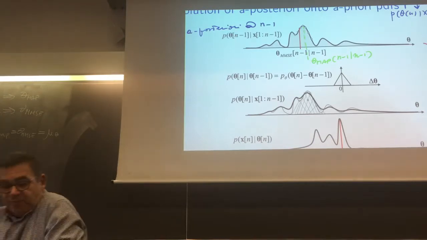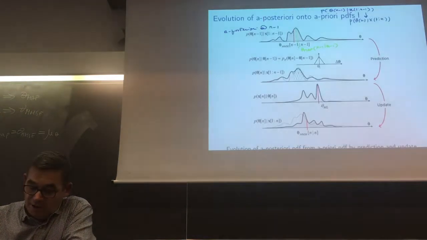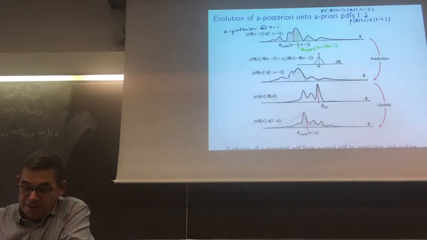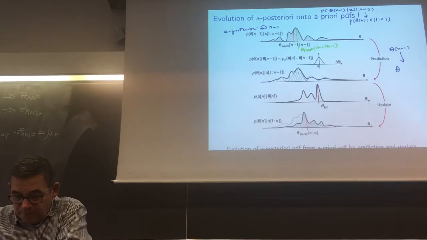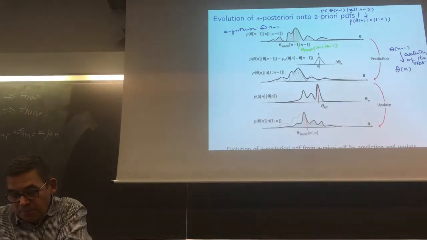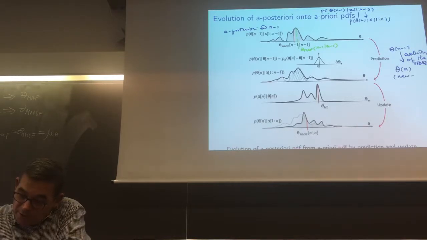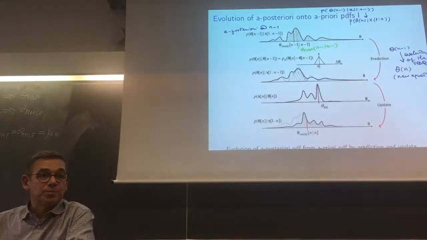Here I'm using the equation which is mapping the state evolution, from theta n minus 1 to theta n. This is, let me say, the new equation. I'm using a new equation.